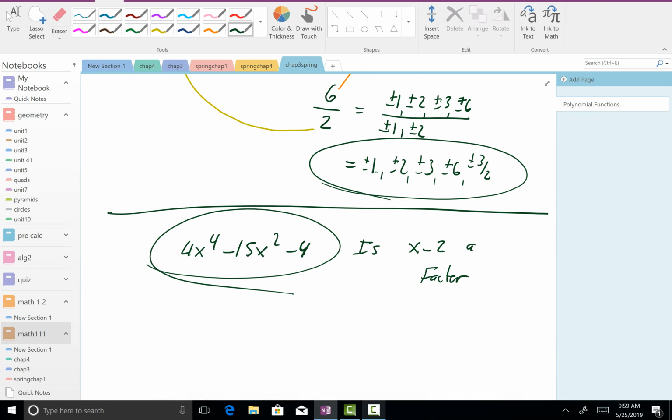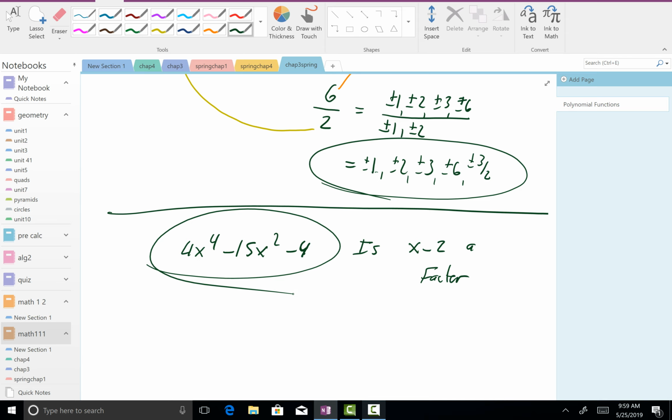Does it cross at 2? That easy. Graph it. Tell me if it crosses at 2. It does. Yep.